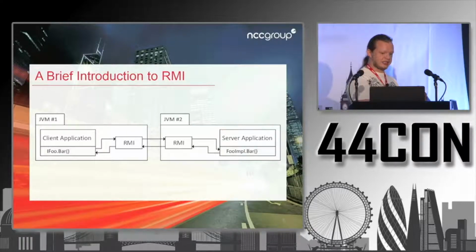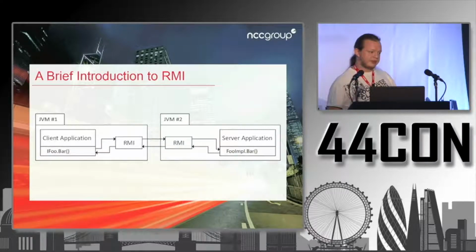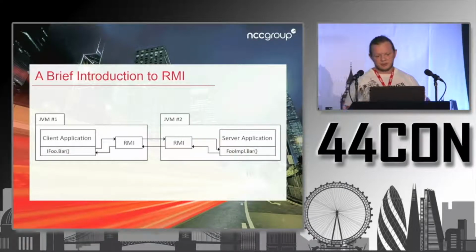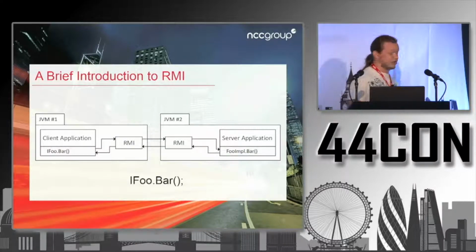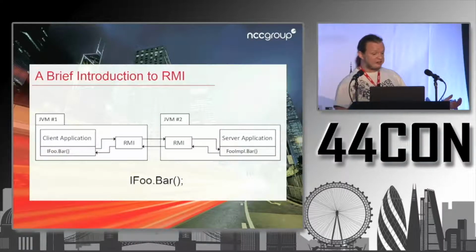That decodes the packet, finds the object and the method to call, calls that method, gets the return value, and does the same in reverse. Now, all of this is entirely transparent, and to a developer, it just looks like that. We've got an object, ifoo, and we're calling the method bar.